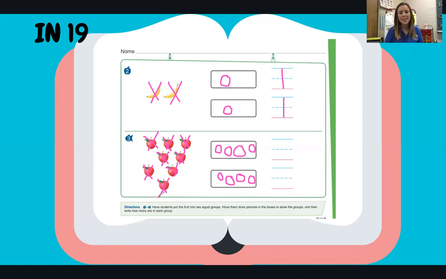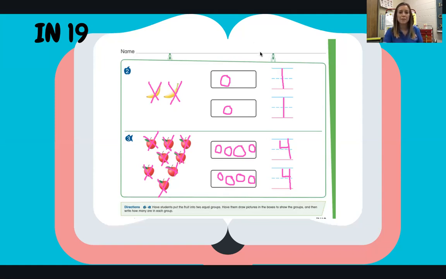All right, there are no more apples. I'm done sharing. Now I can check if they're equal. 1, 2, 3, 4. 1, 2, 3, 4. Both boxes have 4 counters. They're equal. Go ahead and write the number 4 next to each box so we know how many's in the box.